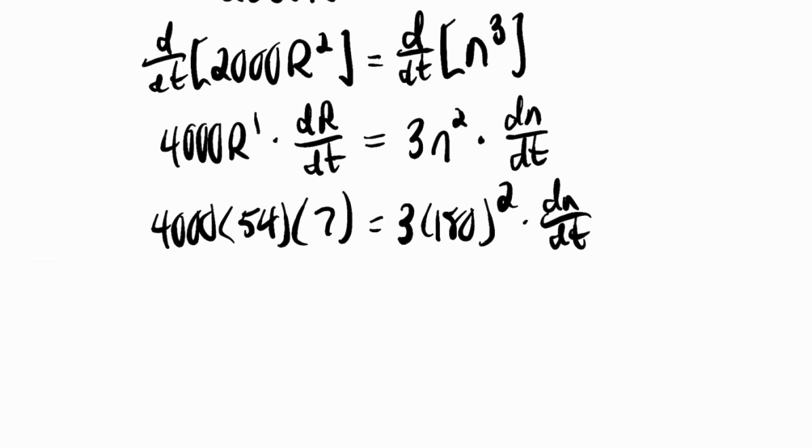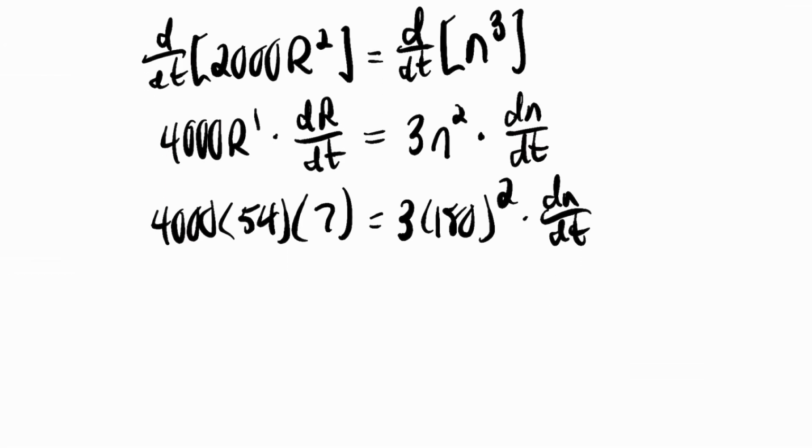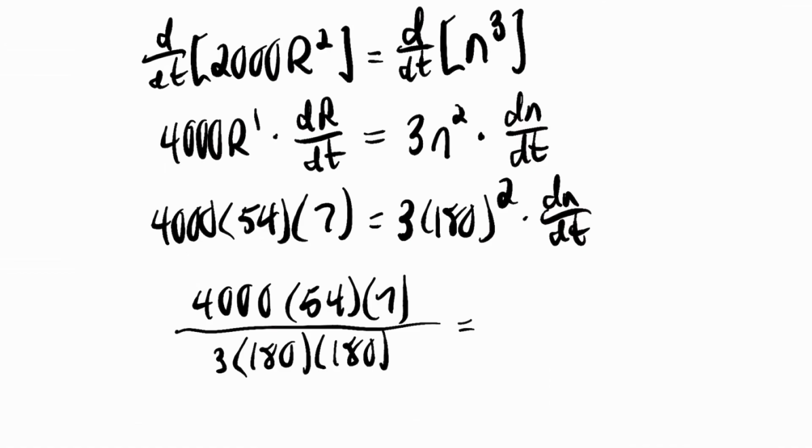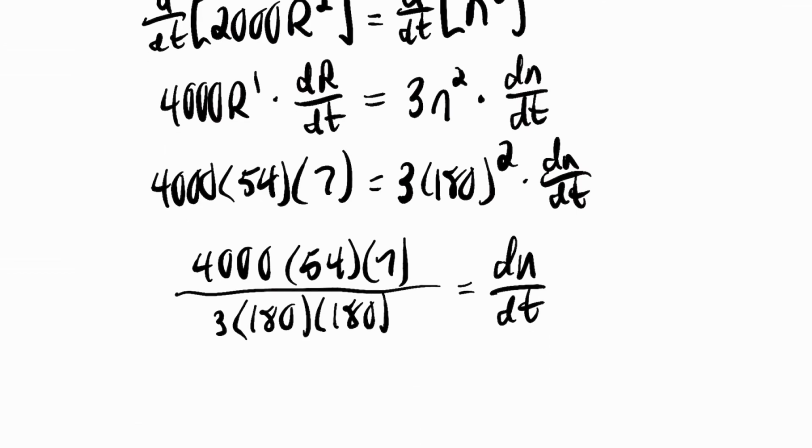So now I can divide both sides by 3 times 180 squared. So I'll have 4,000, and we're probably going to use a calculator at some point, times 7 over 3. And I'm going to write 180 squared as 180 times 180. That equals dn dt. You'll see why in a second. Now, we are going to use a calculator, but if I see any ways to simplify things, I can do that first.